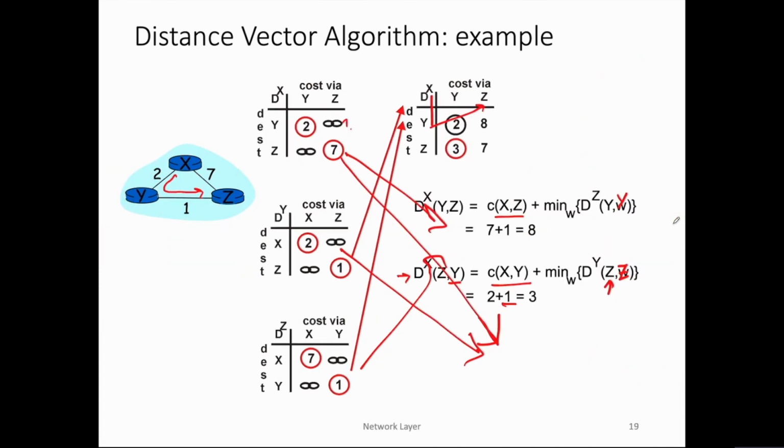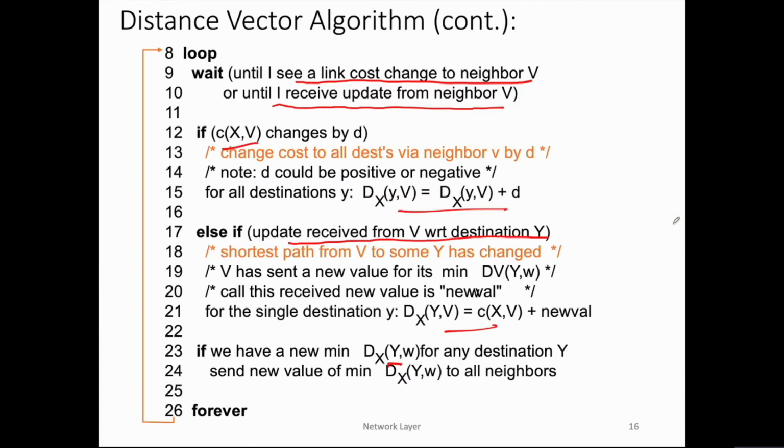So allow me to go back to this algorithm here to see if it's clear. In this loop, a node will wait for two things: either a link cost has changed to a neighbor, or there is an update from a neighbor with respect to some destination. So we have covered this part.